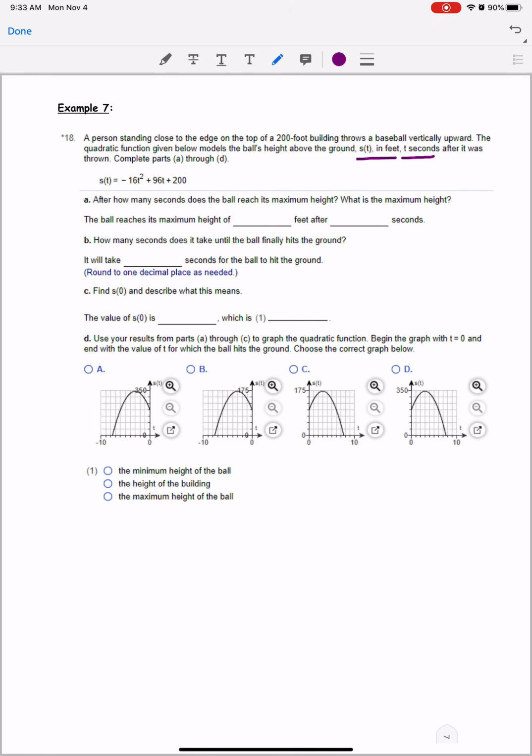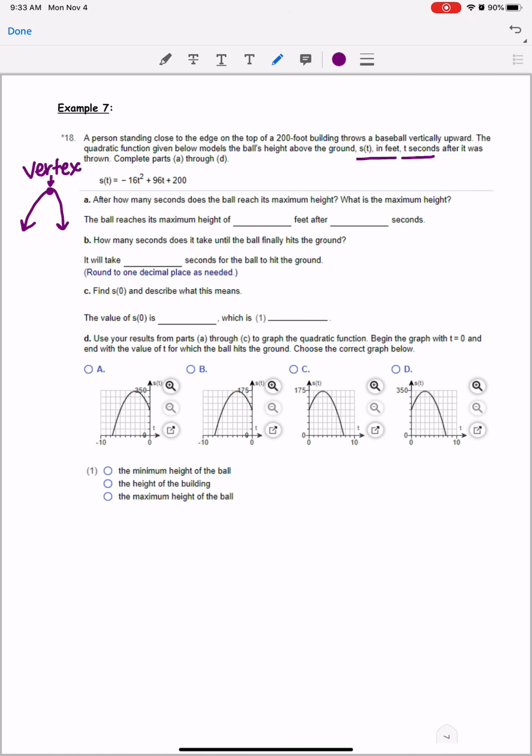So because it's wanting that maximum height, if you look at this, and I know this is going upside down because my a right here is a negative 16, what it is asking for is the vertex. And a lot of these word problems are going to ask basically for the vertex, and you just have to know in the context of this problem that that's what it's asking for.